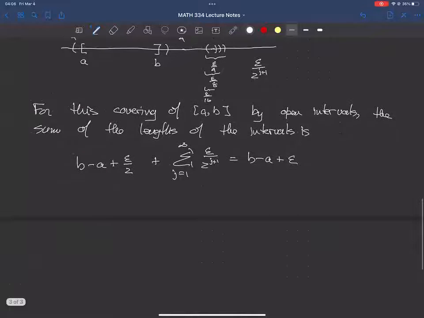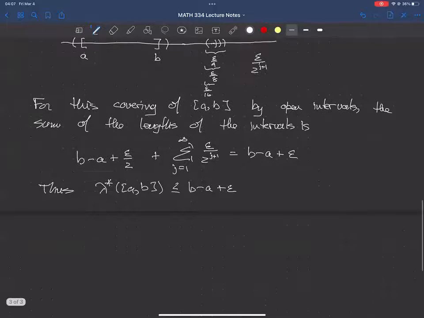Okay. And so since this is true for any epsilon, this shows that the Lebesgue outer measure of AB is less than or equal to B minus A.